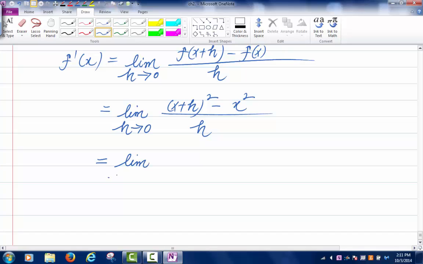Well, you can just expand x plus h squared. I mean, there are two ways of really doing this. One is I can actually factor out the numerator. Can someone see how to factor out the numerator?